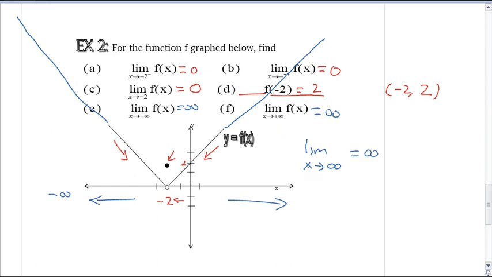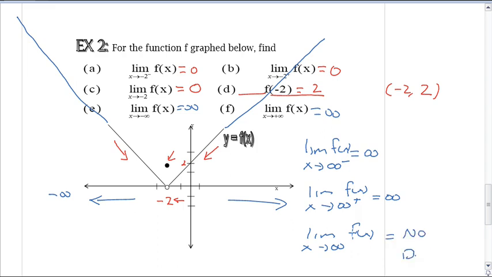But if I had a function, which I don't here, where I have a left-hand side that goes to infinity, and a right-hand side, which I don't in this graph, going to infinity, would the general limit exist? That's the question. So remember, there would be a little function here, little function here. I want to have appropriate notation for you. And the answer to this is no, it doesn't exist.